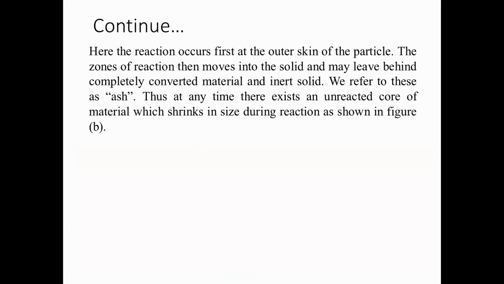The zone of the reaction then moves into the solid and may leave behind completely converted material and inert solid. We refer to these as ash. Thus, at any time, there exists an unreacted core of material which shrinks in size during the reaction as shown in the figure.